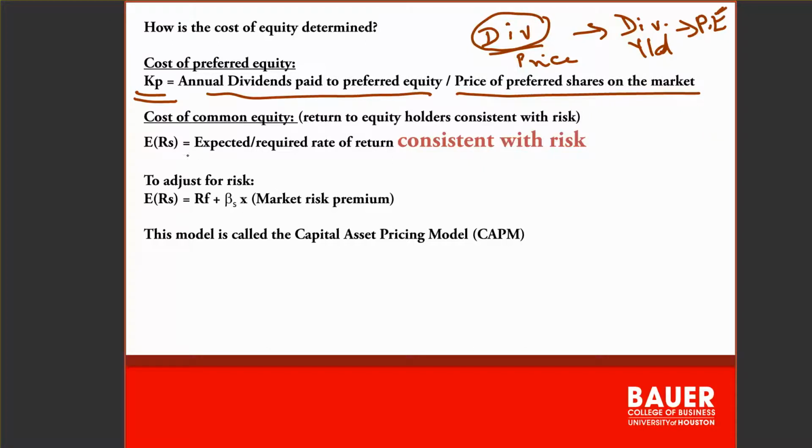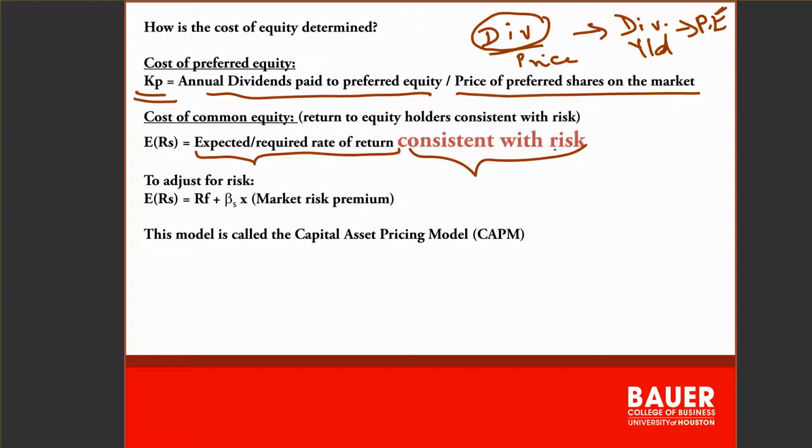What we want to do here is look at what investors expect or require in terms of a rate of return if the firm were to sell shares on the market today. If a firm were to raise equity capital today, investors would expect a certain rate of return. Why? Because they have to bear risk for that. And what would that rate of return have to be?